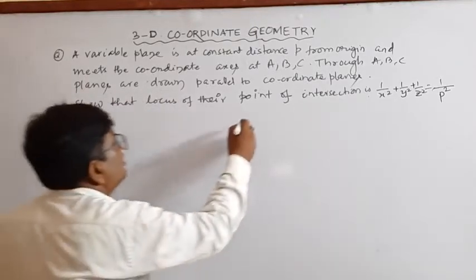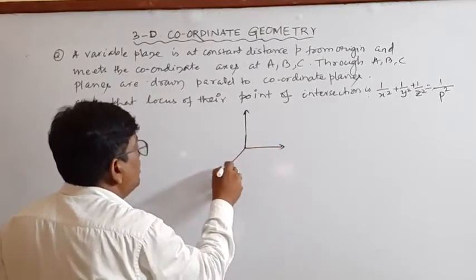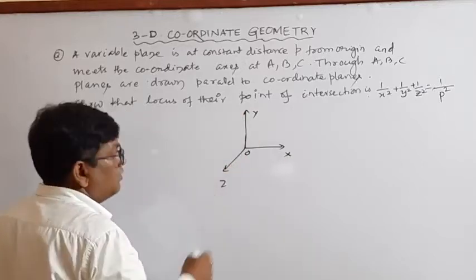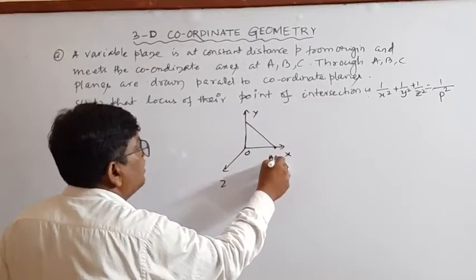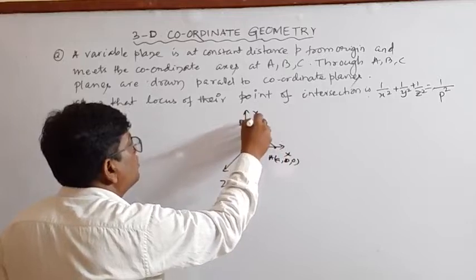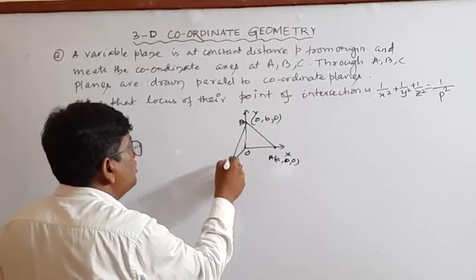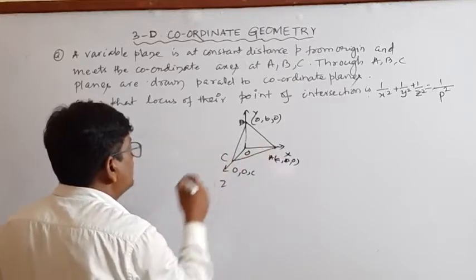Solution. This is the coordinate axis. Suppose coordinate system x, o, y, and this is z. Suppose the variable plane meets the axes at these points: A is (a, 0, 0), suppose B is (0, b, 0), and suppose C is (0, 0, c).